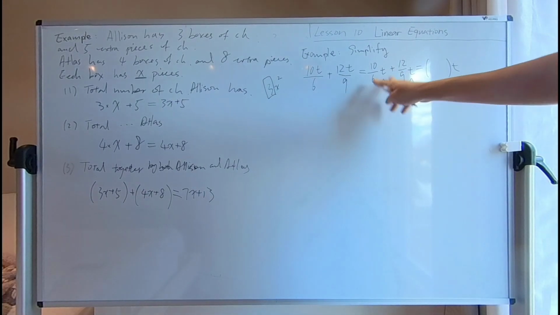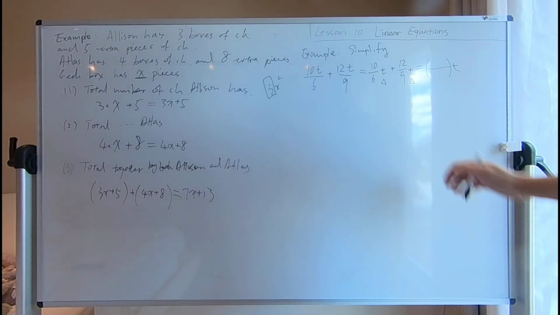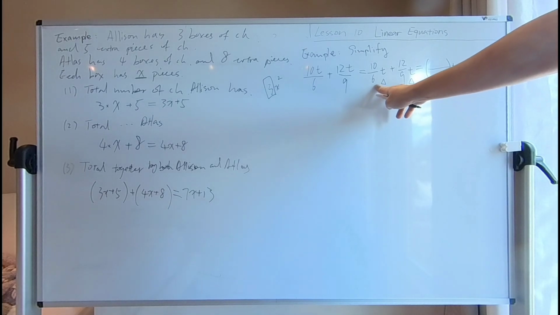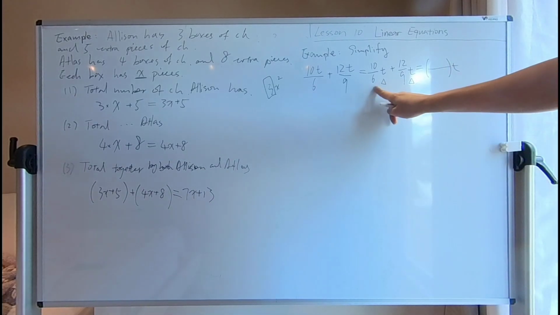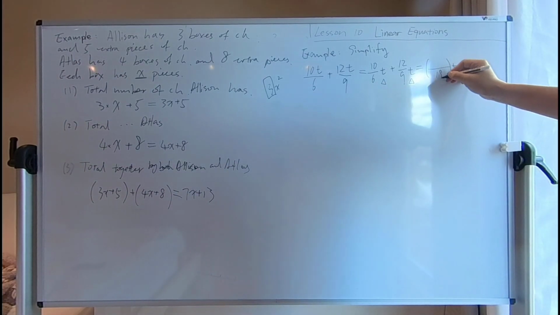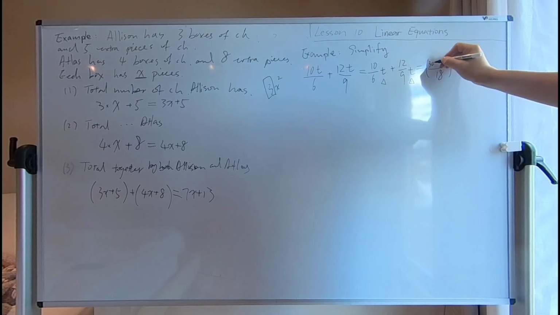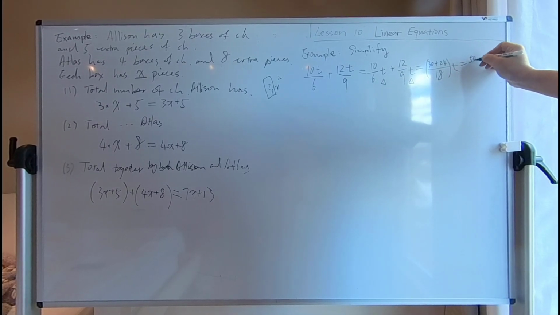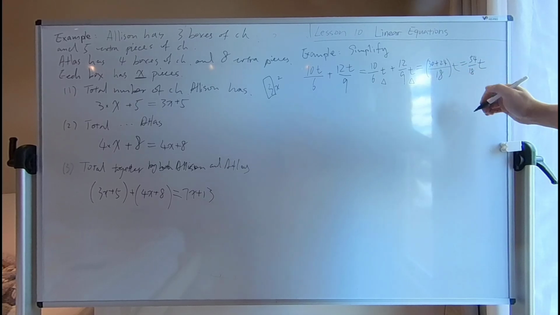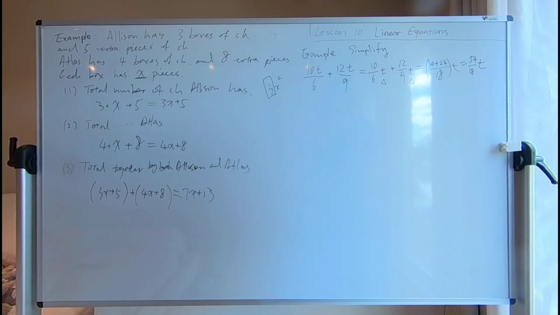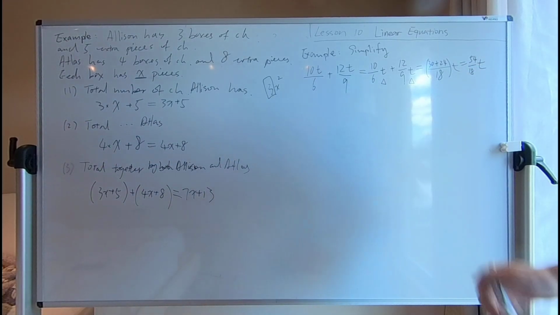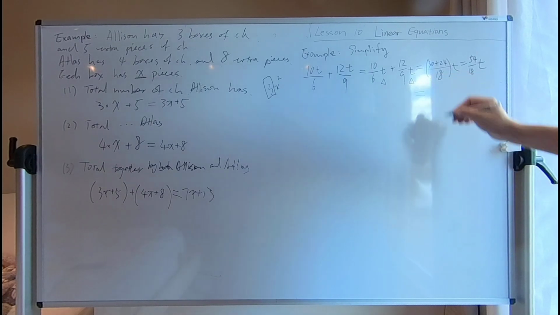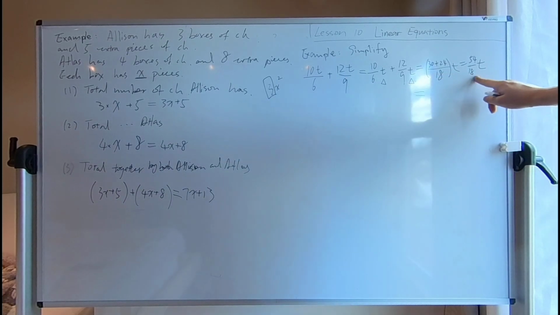Now, I'm not going to write that many steps, but to take the summation, you will need the common denominator. Between 6 and 9, the common denominator is 18, so that's 30 plus 24, so 54 over 18 t. And then 54 over 18 seems to have a common factor that you can further simplify.